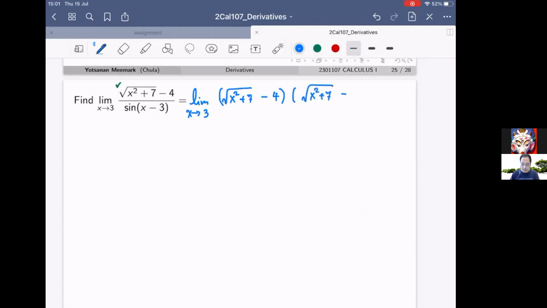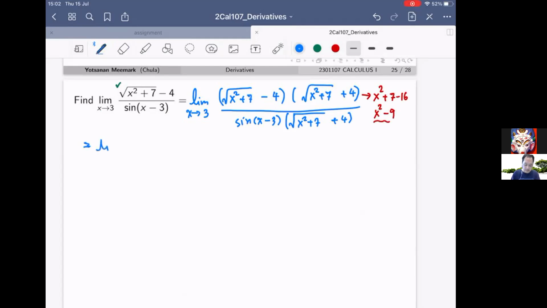So you multiply by the conjugate, and over this one you carry your sine, and then square root of x squared plus 7 plus 4, don't forget. So what is on the top? After you multiply the conjugate, it will be x squared plus 7 minus 16, which is x squared minus 9. So you can do a factorization of the top, right?